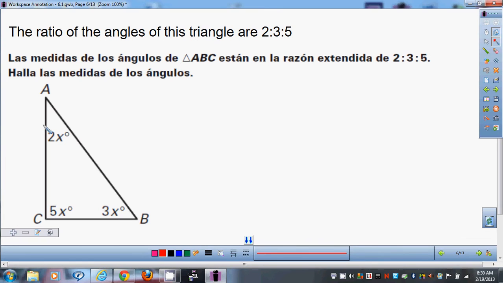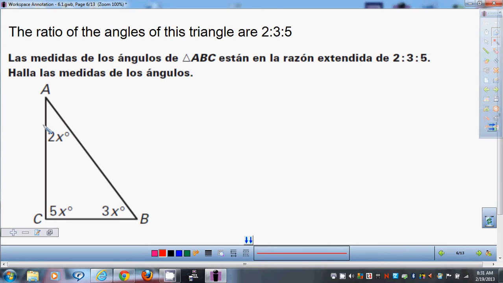If it ever tells you that the ratio of angles or sides or whatever on a physical object are, and then they give you a ratio, just stick an X with it every time. Just put that number in the object and stick an X on it, and you can solve it.